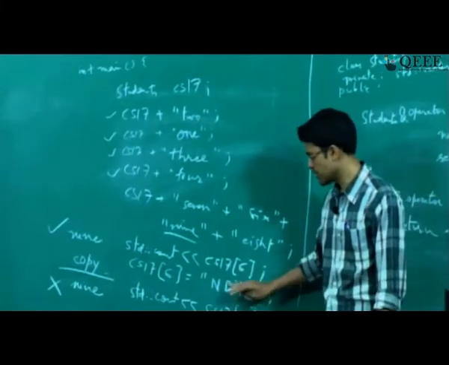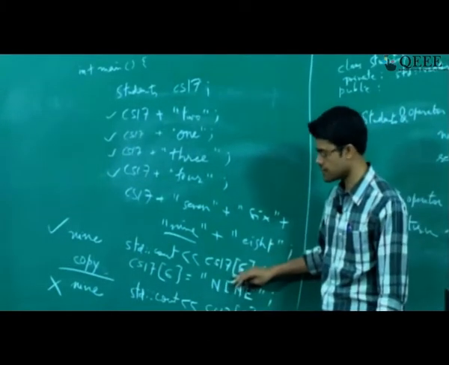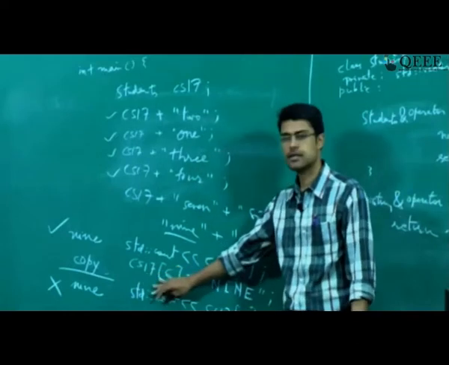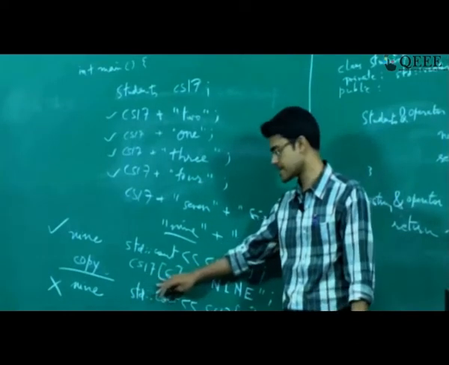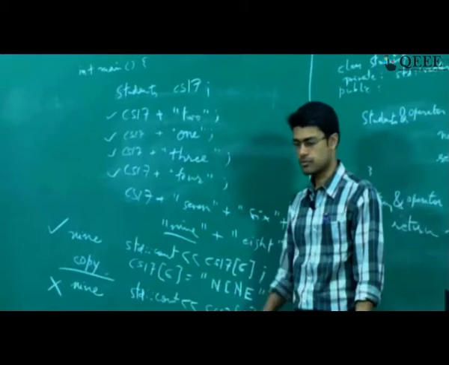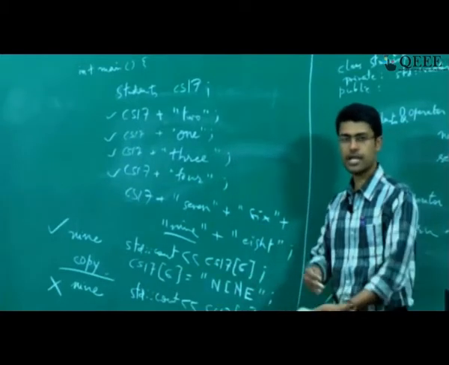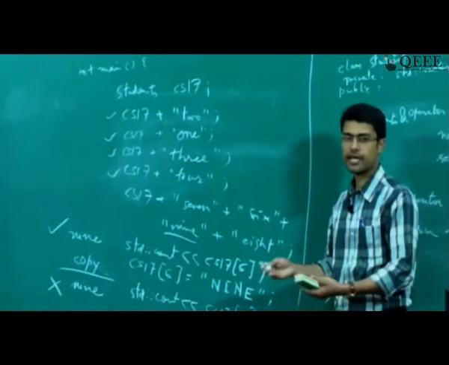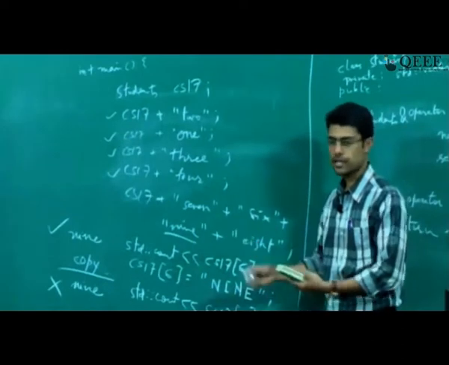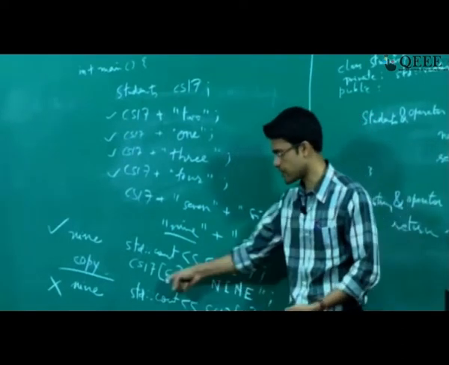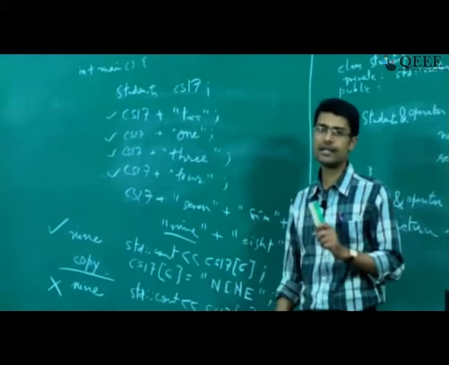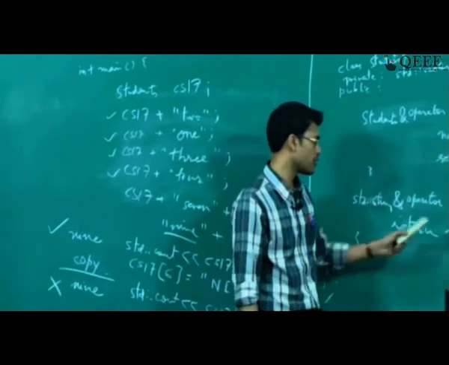You can use it as the value of CS17 of 6. Similarly, you can use it as the left hand side of an assignment statement. In case of arrays, for example, we can say something equal to A of I. Similarly, we can use A of I equal to something. So it can be used both as R value as well as L value, and we should be a little careful about that when we are overloading the subscript operator.